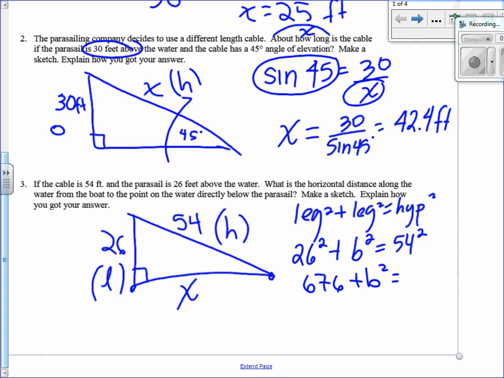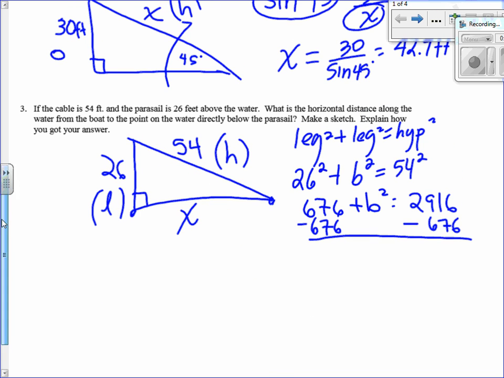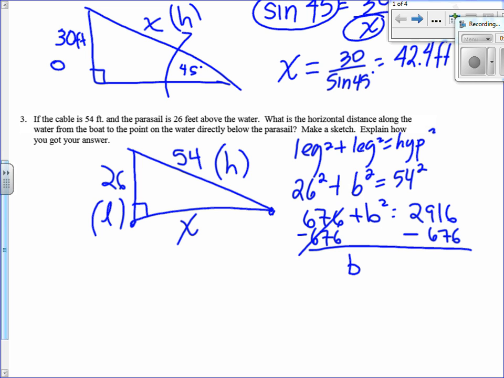And this is something like 2,216. 2,196. And then I have to know what's that. Square root.